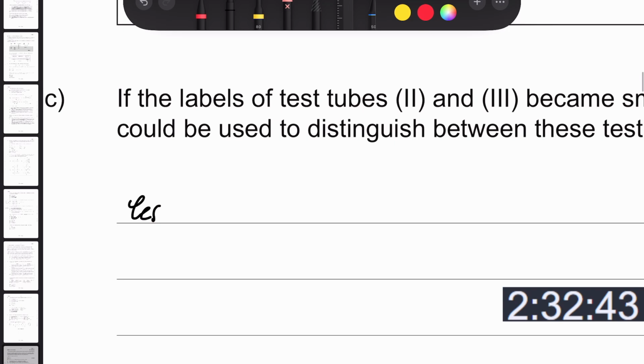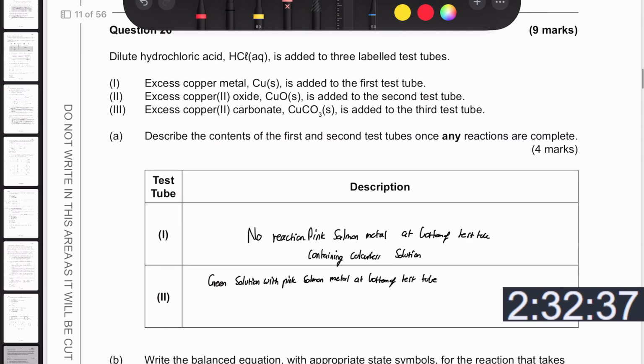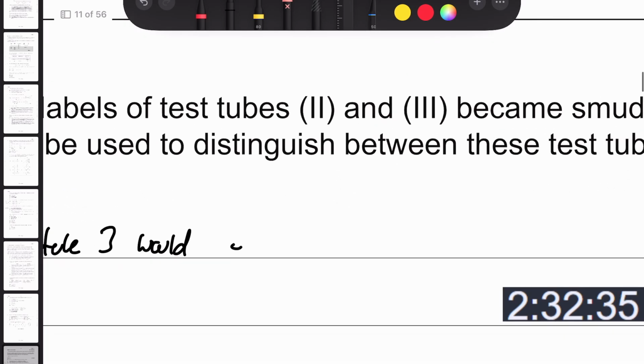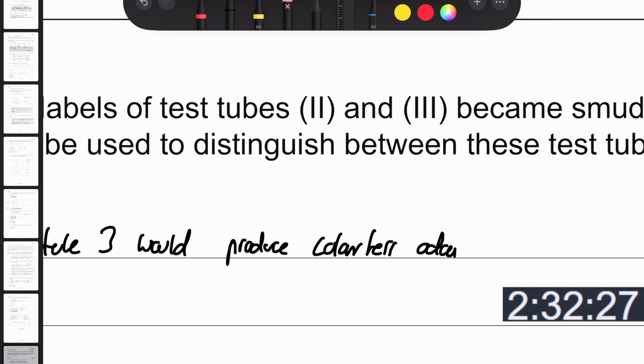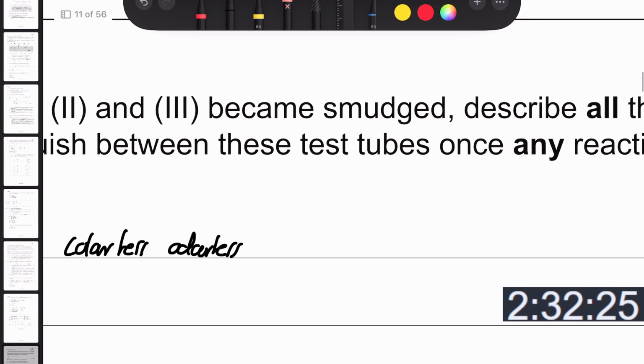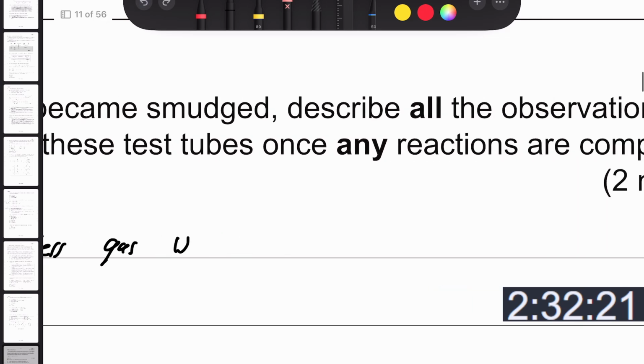Test tube 3 would produce a colorless, odorless gas when HCl is added.